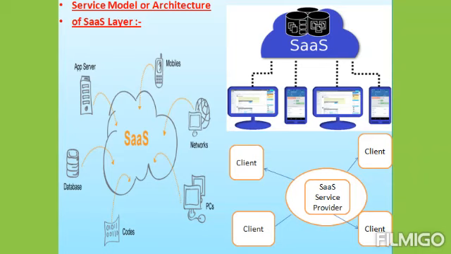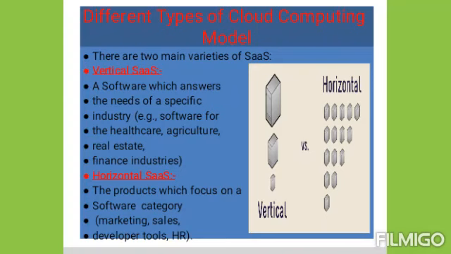So what is vertical SaaS and horizontal SaaS? There are two main varieties of SaaS known as vertical SaaS and horizontal SaaS. Vertical SaaS means software which answers the needs of a specific industry, such as real estate, finance, agriculture, healthcare, and any other related industry.